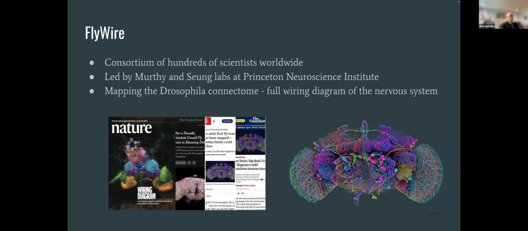You can see we had a big publication of the full brain data set last October. It made a lot of waves in the news, and this is a screenshot on the right-hand side of the reconstruction. These are the 50 largest cells in the fruit fly brain.